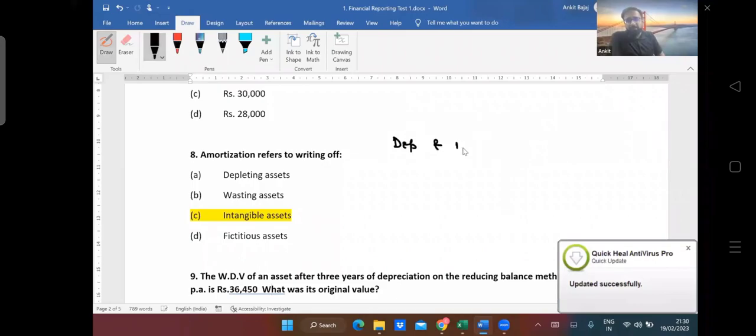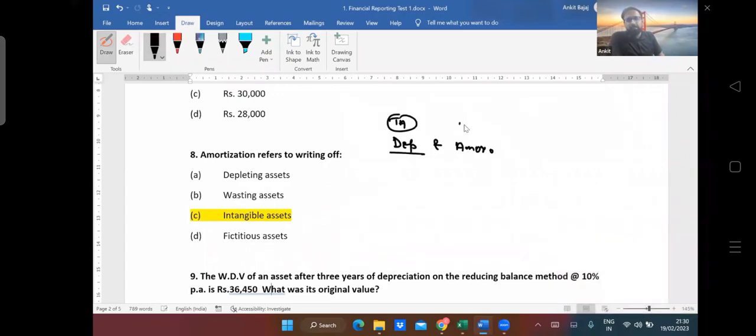Depreciation is the term used for tangible assets, and amortization is used for intangible assets. This is the difference between depreciation and amortization. So amortization is going to be used for intangible assets. Hopefully you understood this concept.